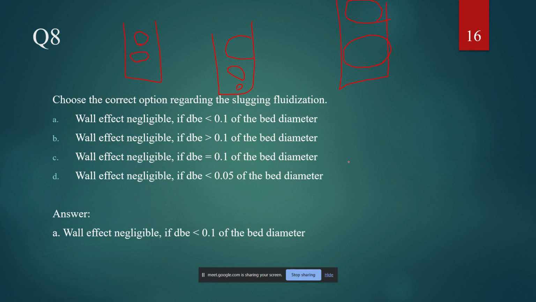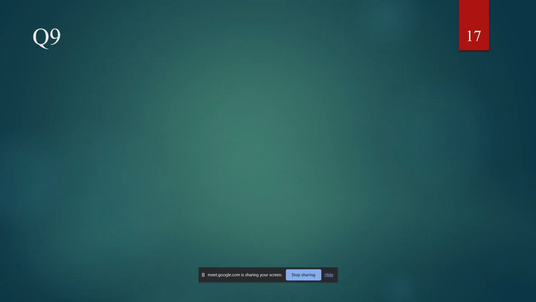So answer is option A. Wall effect becomes negligible if bubble equivalent diameter is less than 0.1 times of the bed diameter. So this is round nose, since its nose is round, this is wall slug and this is flat. So I hope this is clear.